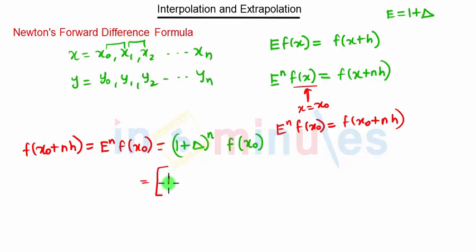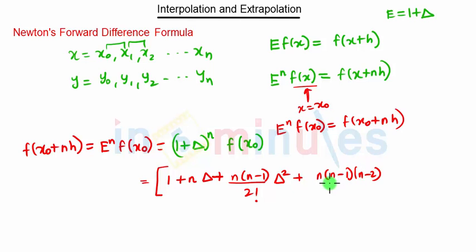So we will get 1 plus n times delta plus n into n minus 1 upon 2 factorial into delta square plus n into n minus 1 into n minus 2 upon 3 factorial into delta cube and so on. This is the binomial expansion of 1 plus x the whole raised to n, and the same formula we are using here, into f of x0.